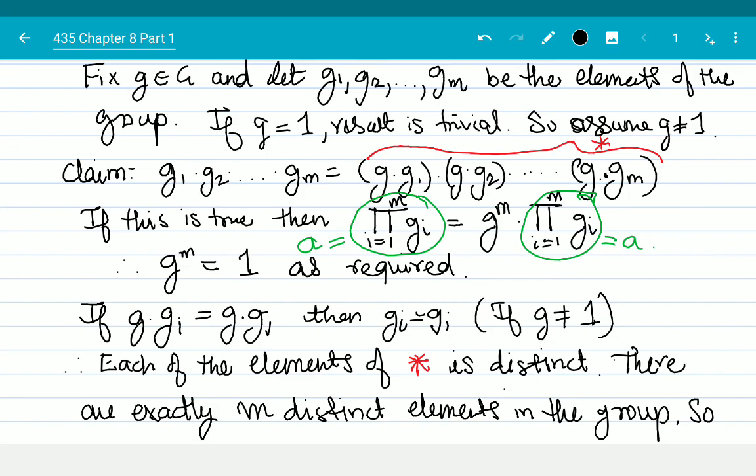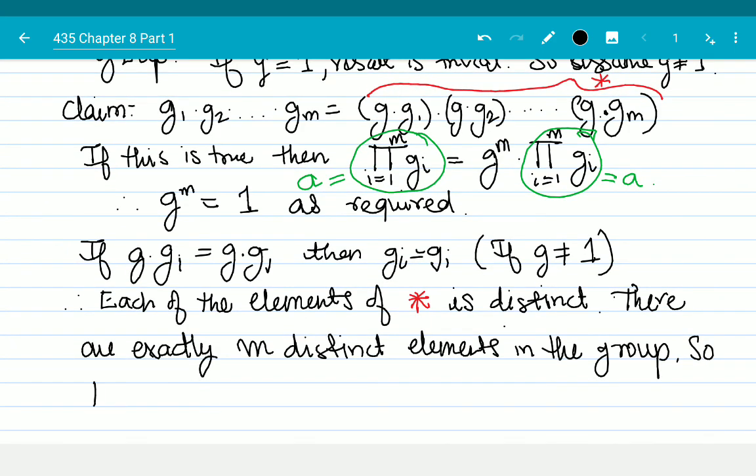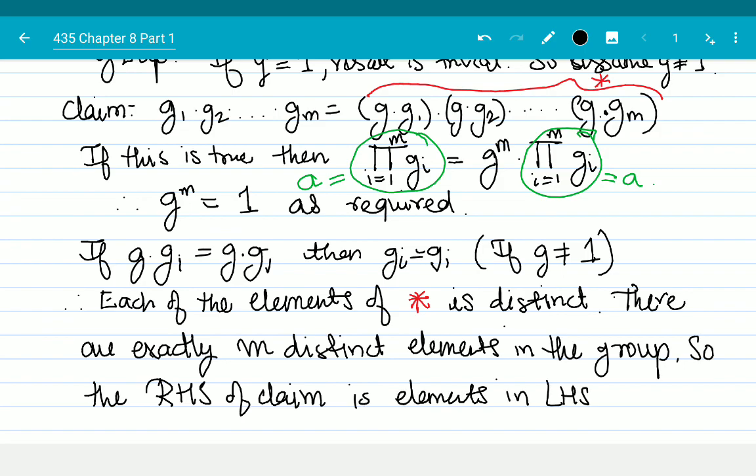So the RHS of the claim is the elements in the LHS permuted.